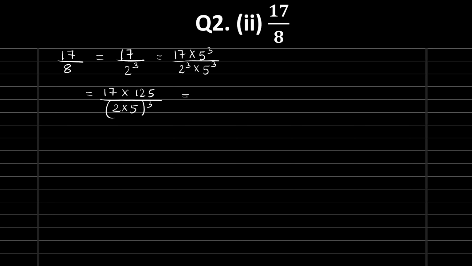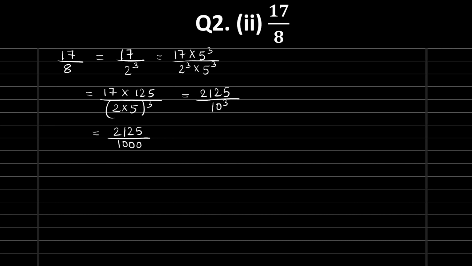Now 17 into 125 is 2125, and 2 into 5 whole raised to 3 can be written as 10 raised to 3. 10 raised to 3 means 10 into 10 into 10, that is 1000. So we have 2125 divided by 1000. Very simple.